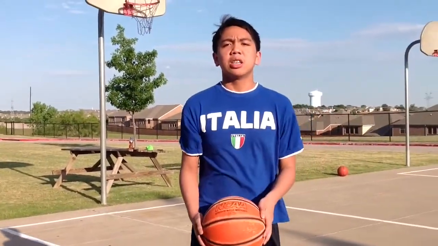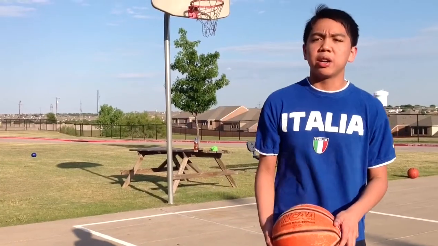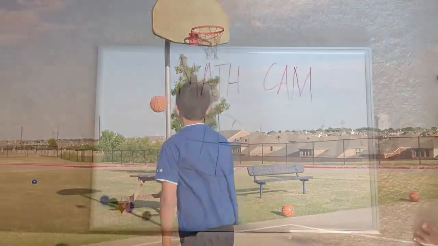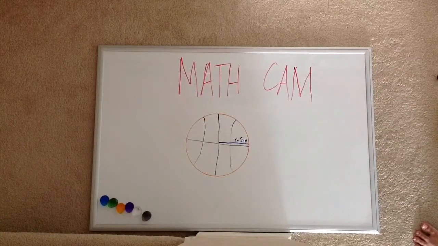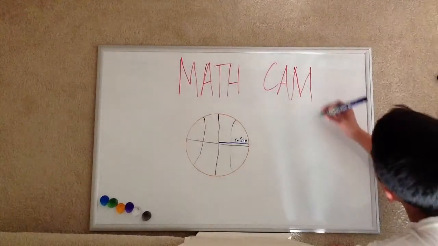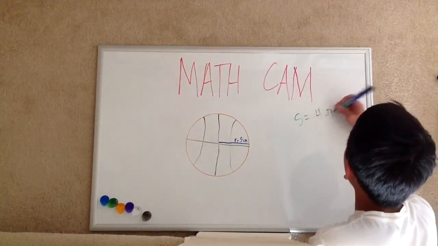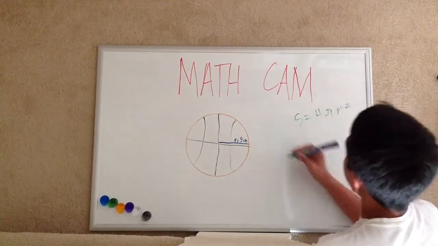And the surface area of a sphere formula is 4 pi r squared. Remember that? When we find the surface area of the ball, we'll have to start by knowing the surface area formula. And that formula is S is equal to 4 pi r squared.